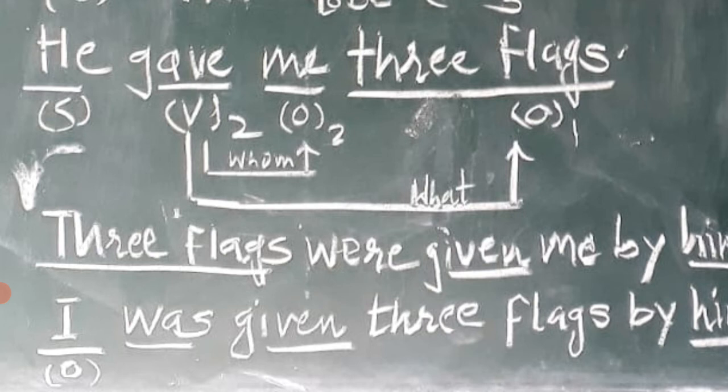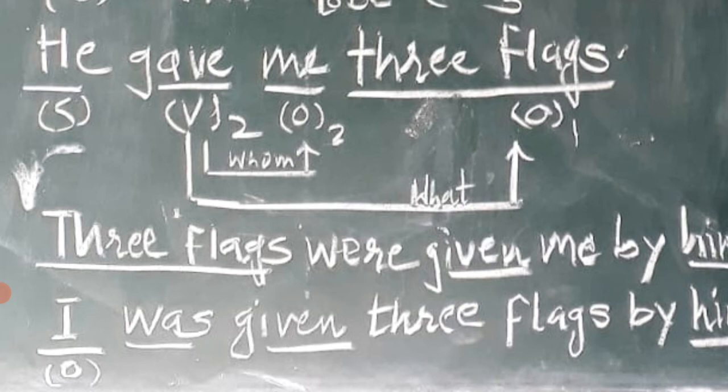Now the issue is how to convert a sentence having 2 objects into a passive one. The answer is very simple. Take any one of the objects, either direct or indirect, but most preferably the direct object should be given preference.